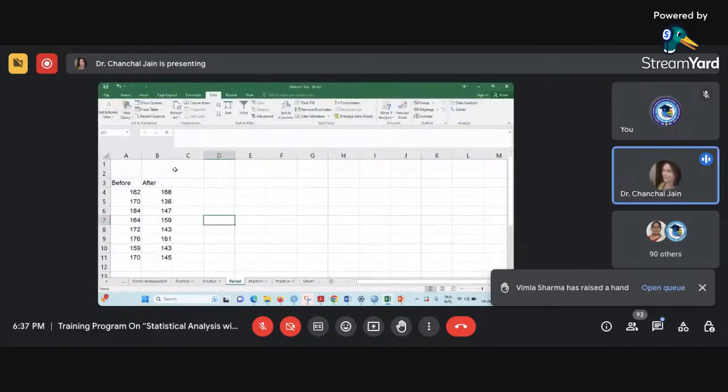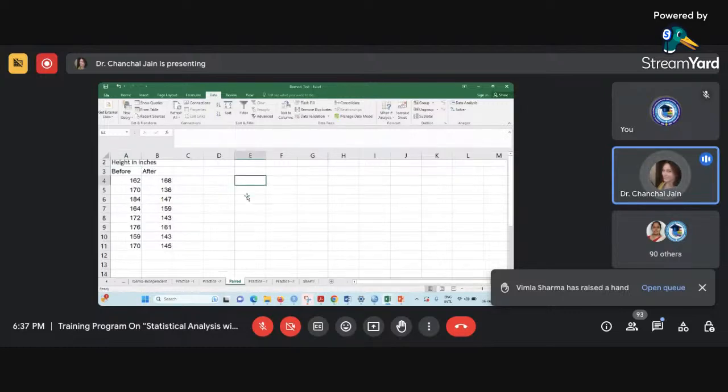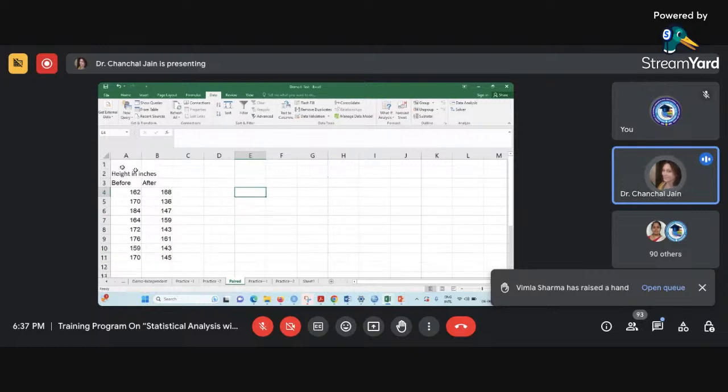Now you can see we are having the data. Probably suppose this is the data of maybe height in inches. I think not height, this is the weight. I think weight also it is not possible.